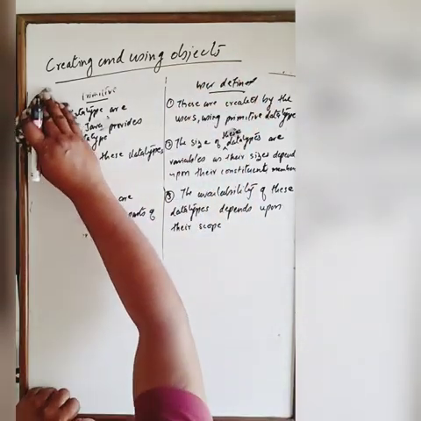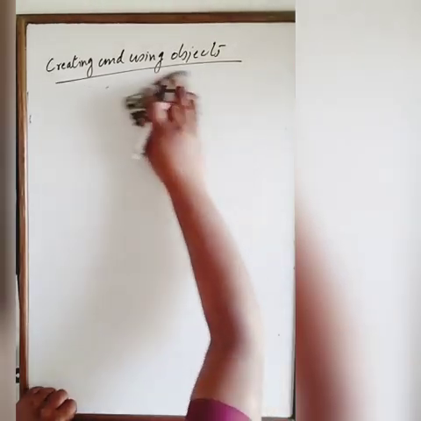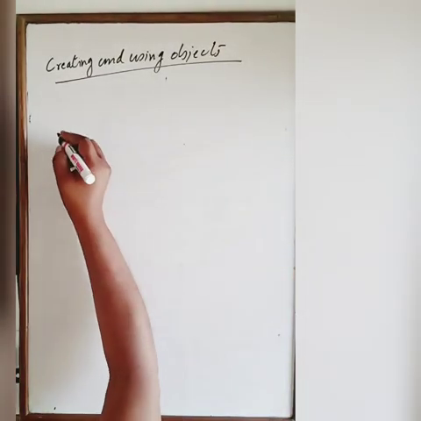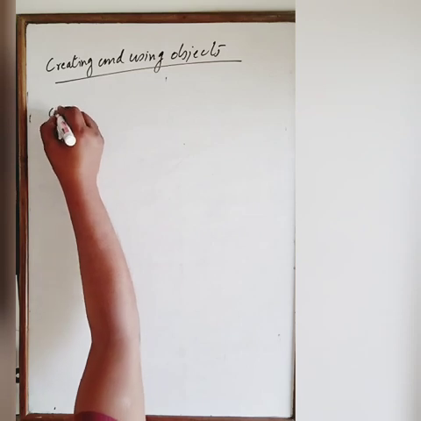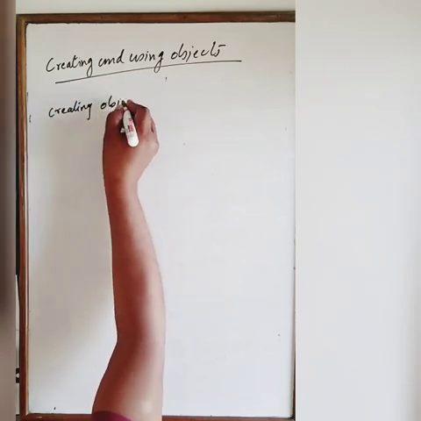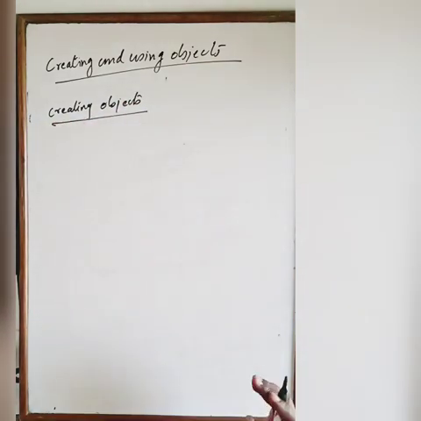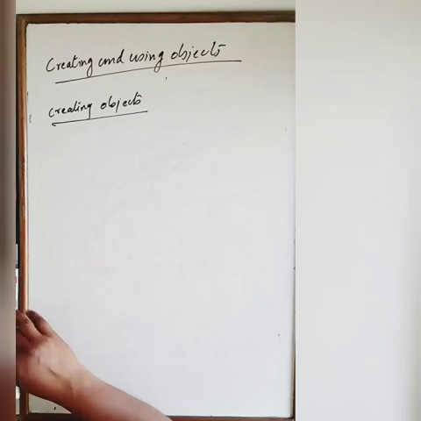First in this, how creating an object works, we'll see. Now, how are objects created? It must be very clear in the constructor chapter.